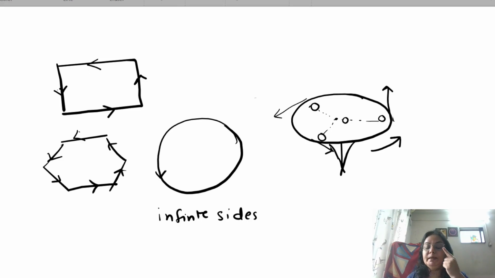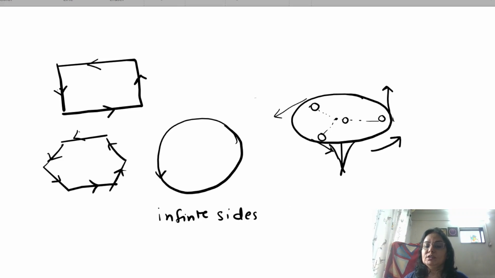So it is always perpendicular to the radius. That means the direction of the coin is always changing. So if a particle moves on a circular path, its direction is always changing.